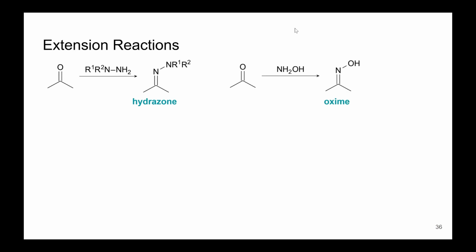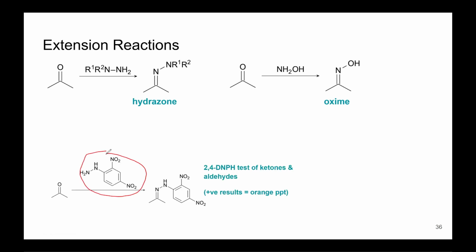Then for the oxime reaction, you are also using this lone pair on N to attack this carbonyl carbon. Then for the 2,4-DNPH test for ketones and aldehydes, this is only reactive towards ketones and aldehydes in lab conditions.